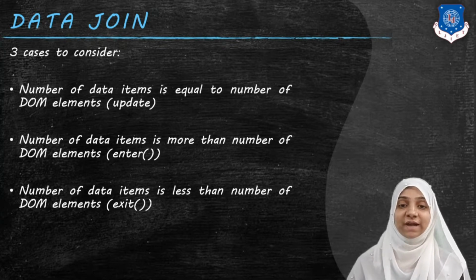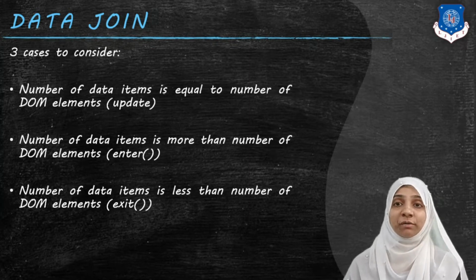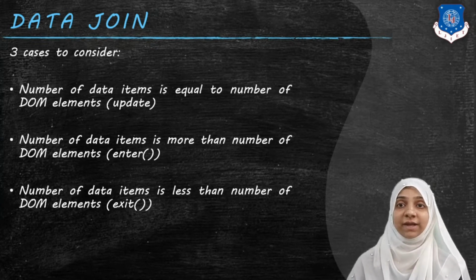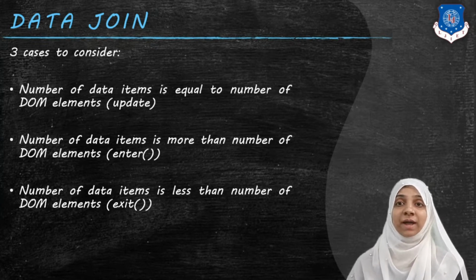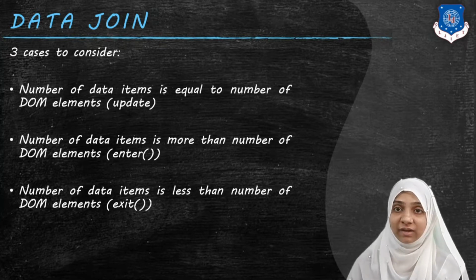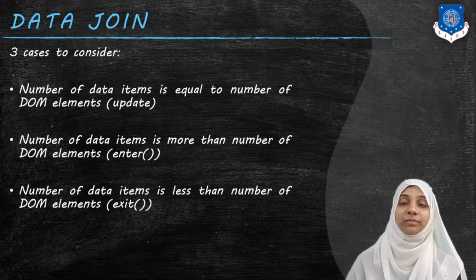First case says that the number of data items is equal to the number of DOM elements. That means if my array contains 3 data items 10, 20, 30 and my page also contains 3 empty circle tags, that is called an equal number of data items to DOM elements.